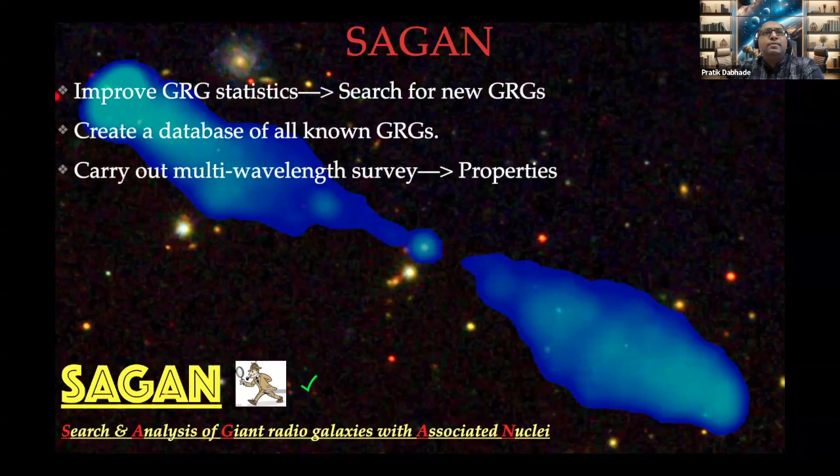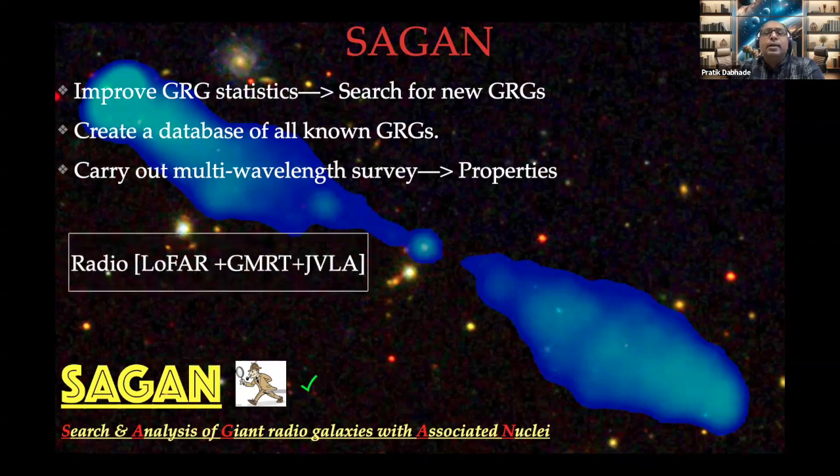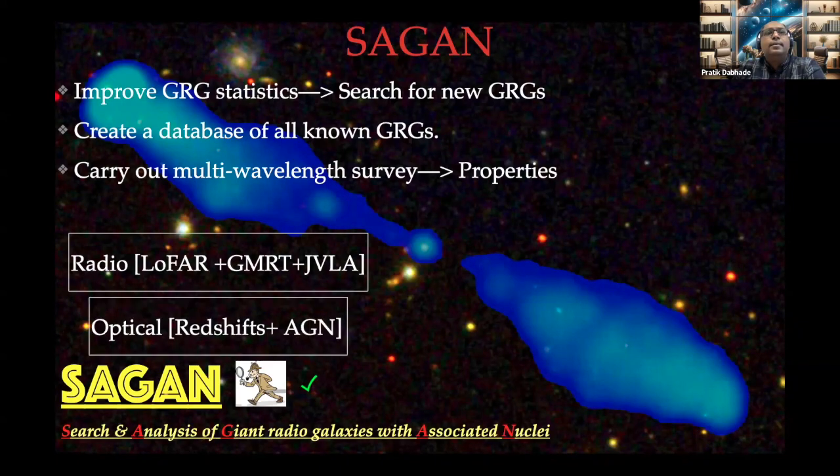And the objectives were very clear: we want to first make a database of known GRGs, find more GRGs, then acquire multiwavelength data and carry out their studies. The way to do it was using newer surveys which were becoming available back then, and then obtain their optical data for redshift and AGN properties.